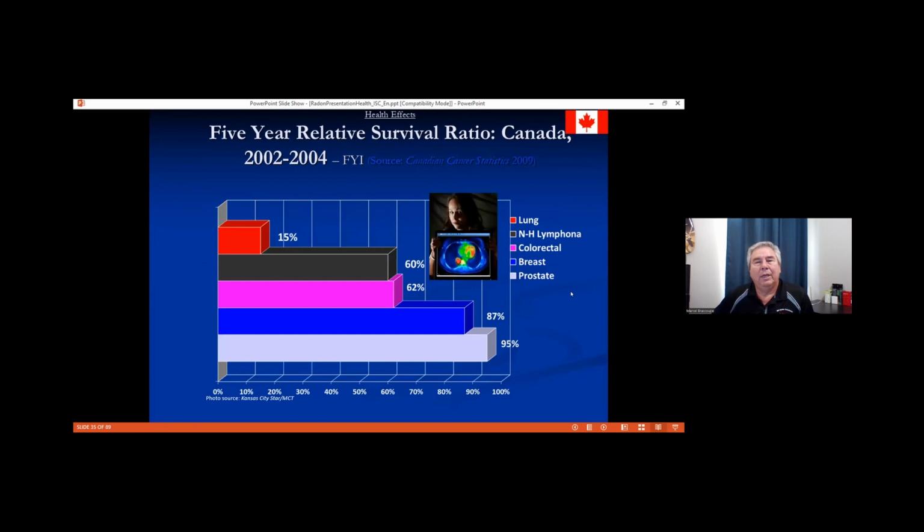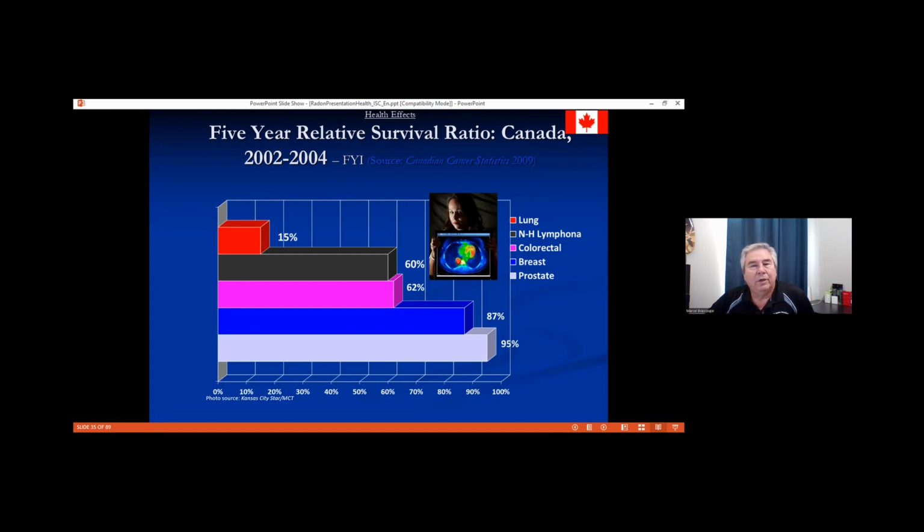This chart shows the 5-year relative survival rate. If we look at the bottom white bar, which represents prostate cancer, a person with prostate cancer has about a 95% chance of living past 5 years. The blue bar represents breast cancer in women, who have an 87% chance of living past 5 years after being diagnosed.